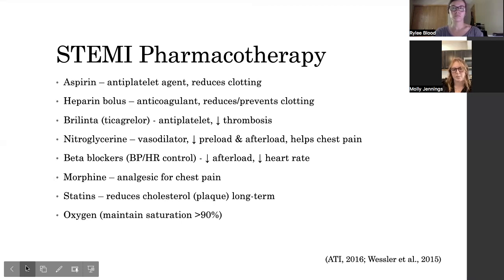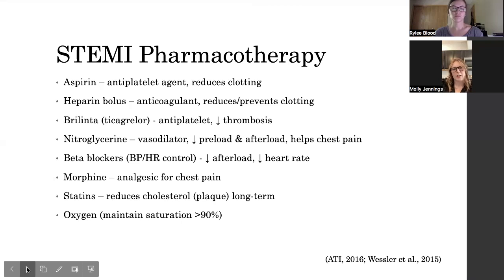It's also a preventative med for patients who have had cardiac events. Morphine may be used to control chest pain in an acute setting. And another, more long-term medication would be introducing statins into the medication regimen to help reduce the cholesterol and decrease the risk of plaque formation.